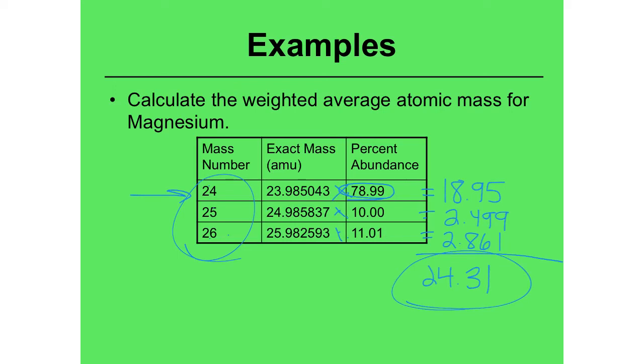The way that we get the mass that is listed on the periodic table is a weighted average of all of the different isotopes that occur naturally for that element. You do need to be able to do this calculation. It always shows up on the Regents exam, and it is not listed on your reference table. So you do have to remember this calculation and be able to do it.